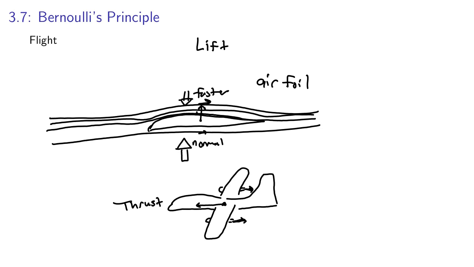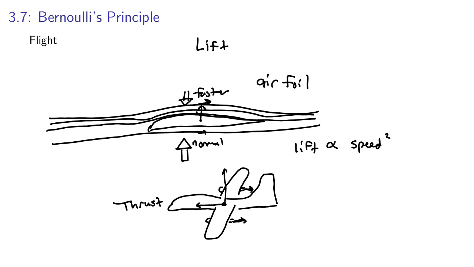And the speed that we achieve in the air then causes lift, and the lifting force is directly proportional to the square of the plane's speed. So speed times speed, or speed squared.